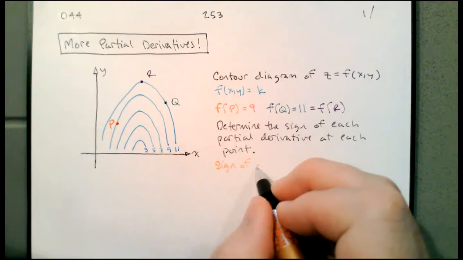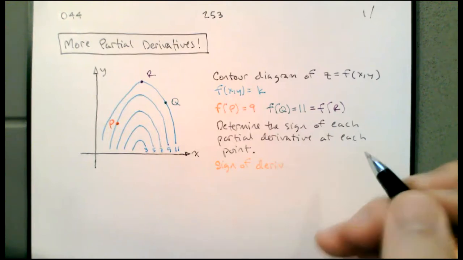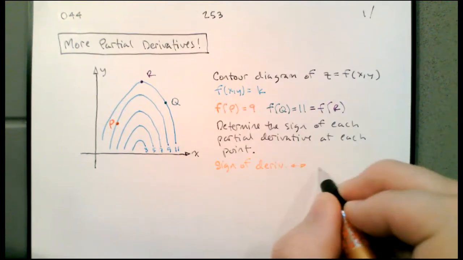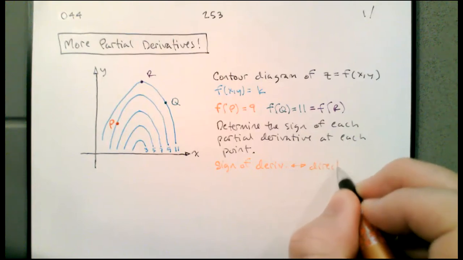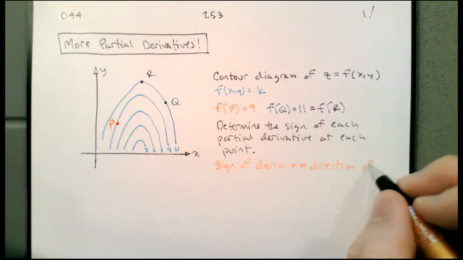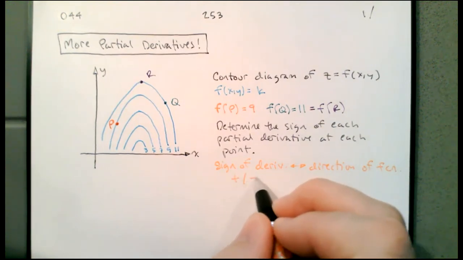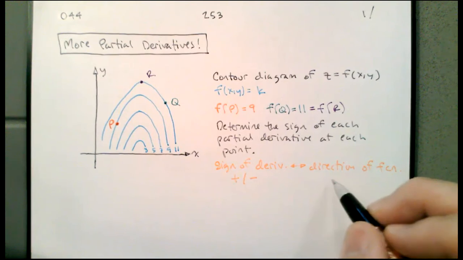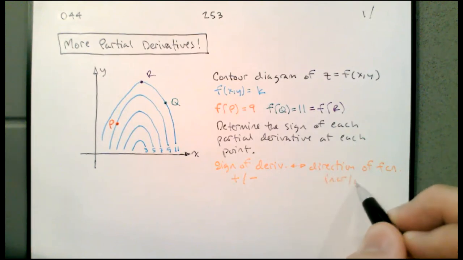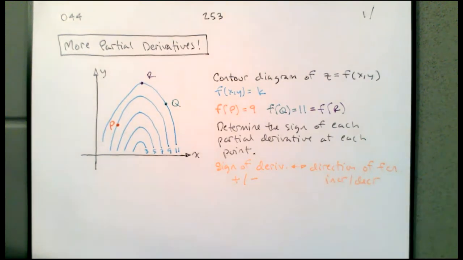The sign of the derivative, positive or negative, tells us the direction of the function, increasing or decreasing. And we're just going to try to determine whether z is increasing or decreasing in the x and the y direction.